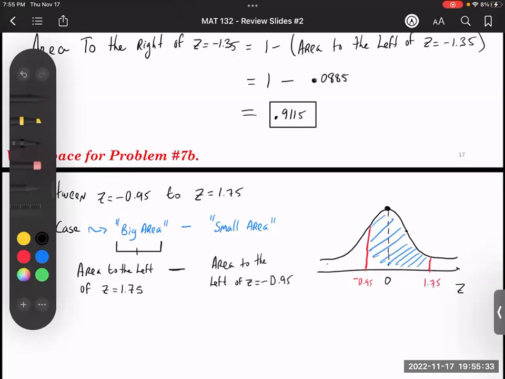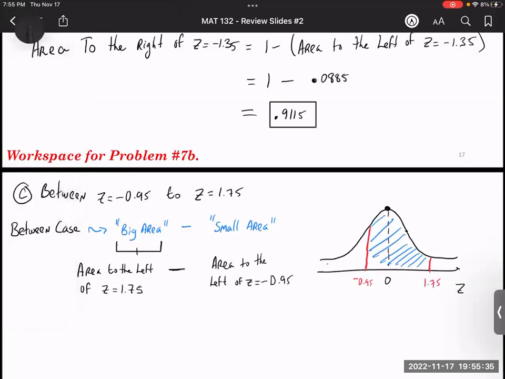So you need to look at the z table now. You look at the z table to get these areas, okay? Once you get the areas, you then subtract. So without me pulling up the table, can I get a volunteer?